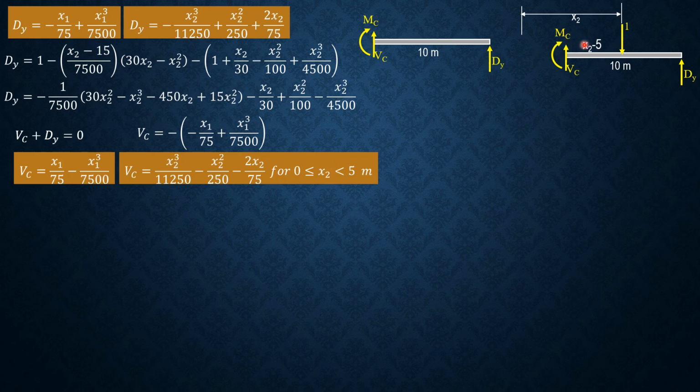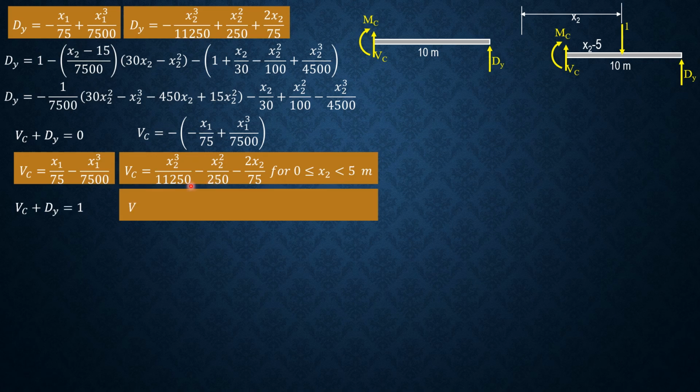When the unit load, including 1 meter, 1 unit load is on portion CD, this is the free body diagram, so V sub c plus dy equals 1. Therefore, V sub c is 1 minus dy. And since this is negative of dy, V sub c is 1 plus this expression, or 1 minus dy.